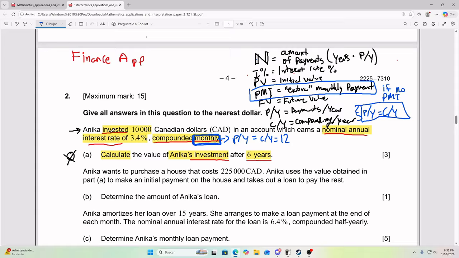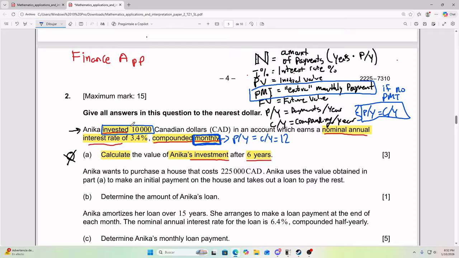The second thing we can establish is that Anika is investing 10,000. And so think about it this way. This is your initial value, right? It's your initial scenario. And if Anika somehow has $10,000, good for you, Anika. Because she is investing, think about it this way.